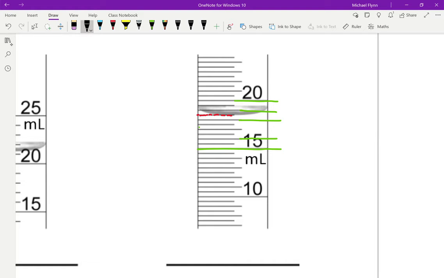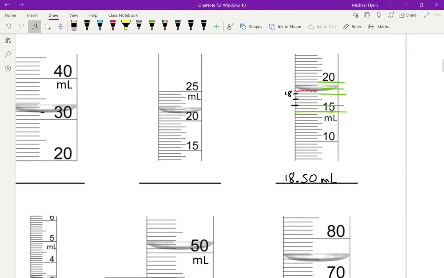Obviously, the first number is 15, here is 16, 17, 18. So that's 18 right there, so I'm going to write 18 decimal. It looks like it's exactly 0.5, so I'm going to write 18.5. And since it's exactly on the dot 0.5, I have to write 0.50. I always read 1 more decimal place past that last tick mark. Always. Okay? And this is in milliliters, so I write down the unit. And that's it. That's how you do it.